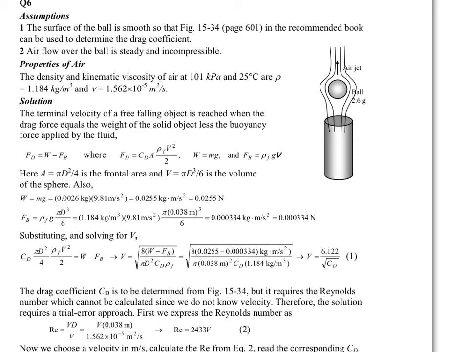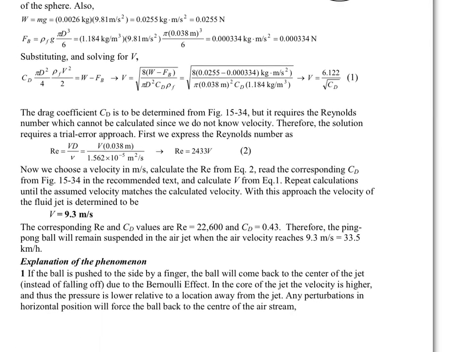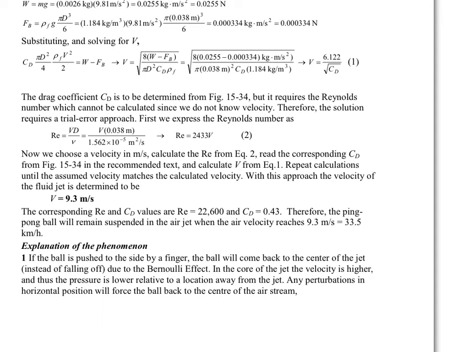You find in the explanation that I have written for you, let's look at that explanation. If the ball is pushed to the side by a finger, the ball will come back to the center of the jet instead of falling off due to the Bernoulli effect.